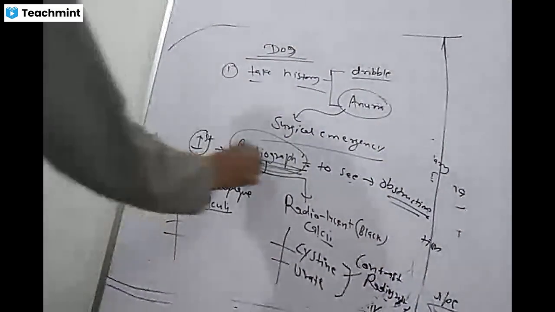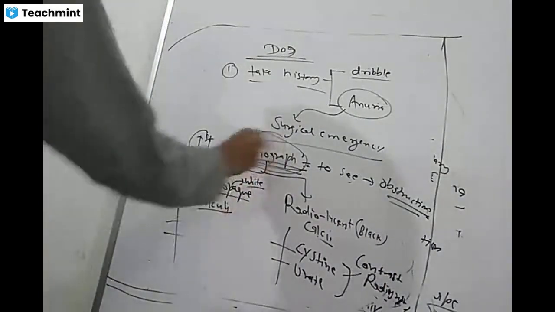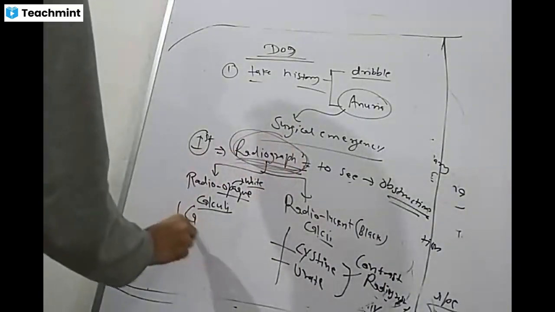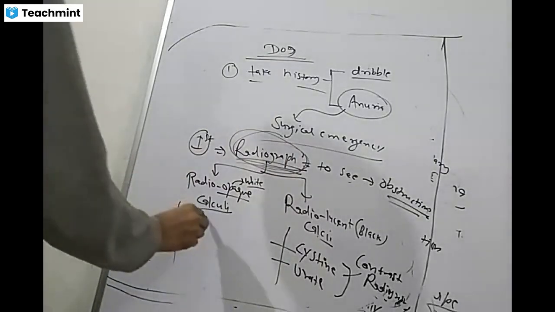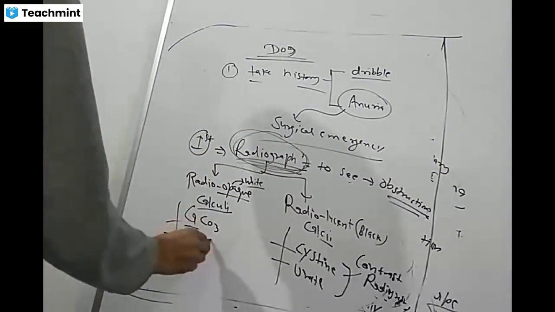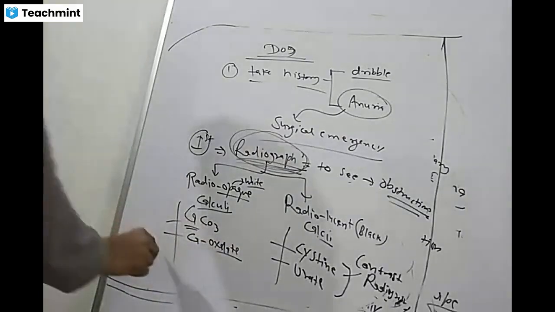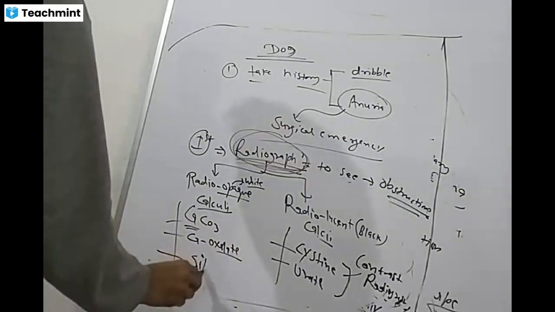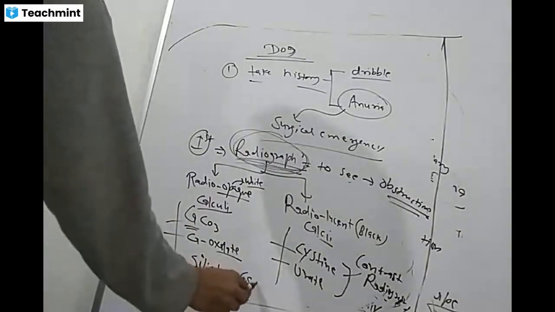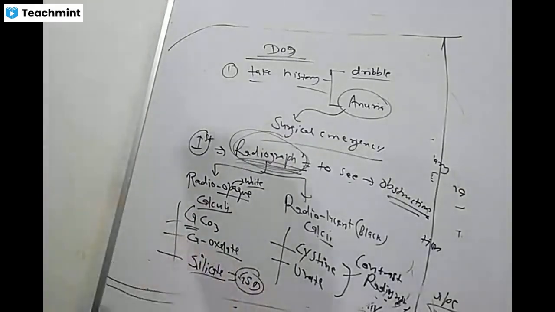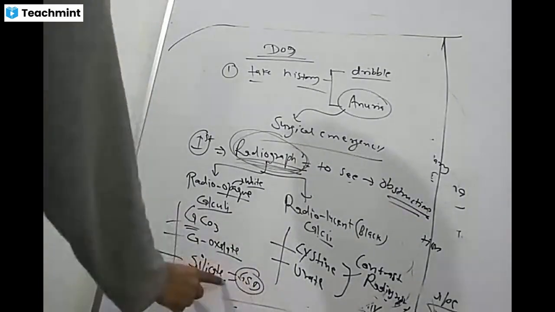So what are the calculi which are radio opaque? Meaning they are white, you can see them easily on radiograph. They are calcium-containing calculi, like calcium carbonate, calcium oxalate, and one more is silica, that is silicate, which is found in the GSD. Suppose you are examining a GSD dog, then most commonly it contains silicate.